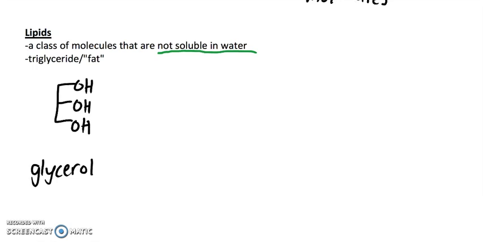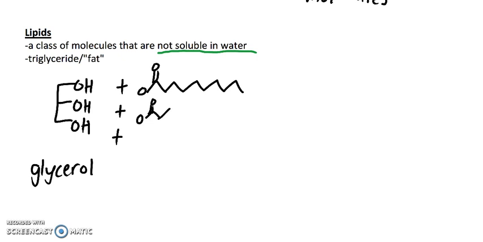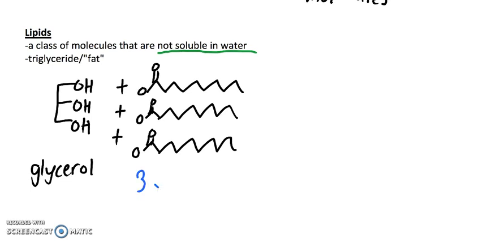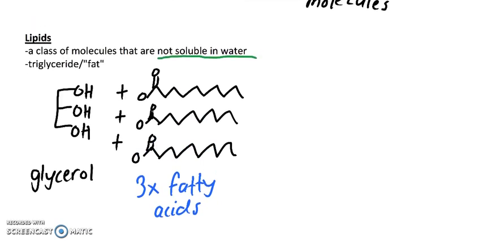And this is going to come into contact with fatty acids, up to 3 of them. So 2 oxygens right there, and this is just a long hydrocarbon chain. Same thing here. Could be a little different, could be the same. And these 3 fatty acids.